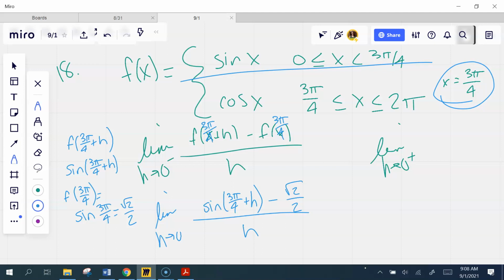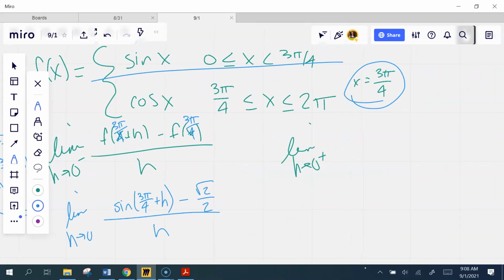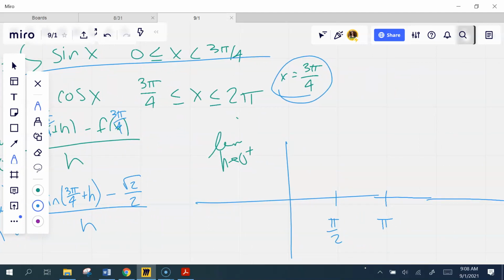Let's think about this graphically for just a second. Sine from 0, here's pi over 2, pi. All right, so my cutoff's going to be somewhere in here.